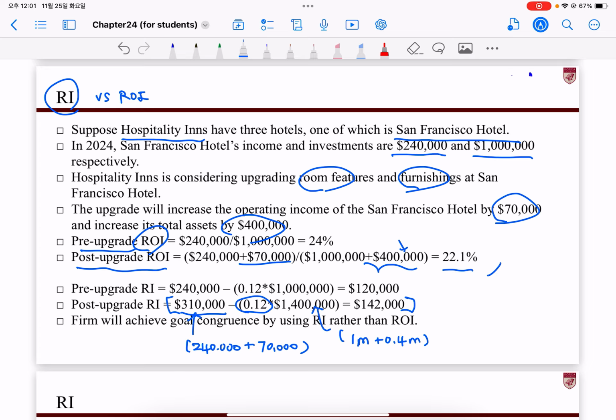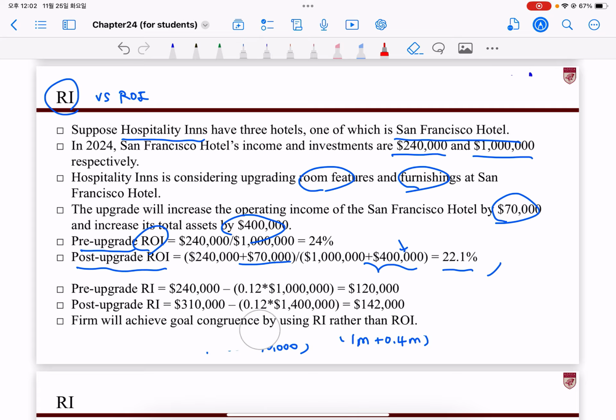With the same minimum required rate of return, our post-upgrade RI is going to be 142K. So actually, although our ROI has gone down from pre to post, in terms of the dollar amount, RI actually increases by $22,000. Therefore, the company manager has to accept the upgrade opportunity, right? And that will achieve goal congruence.